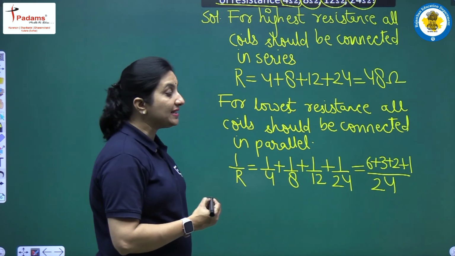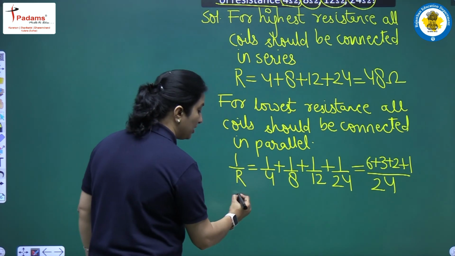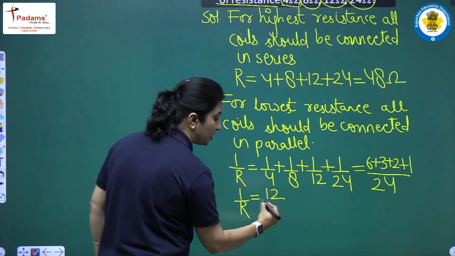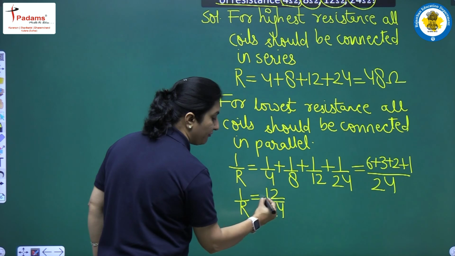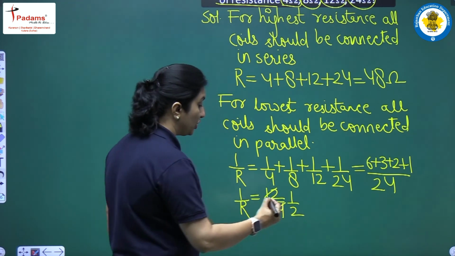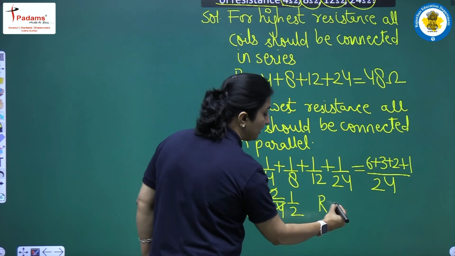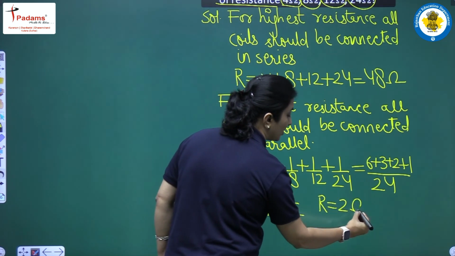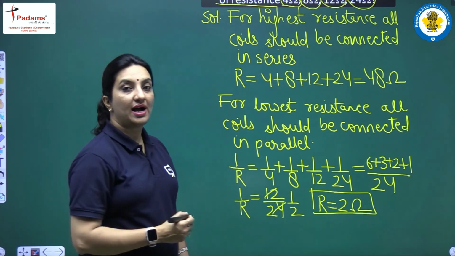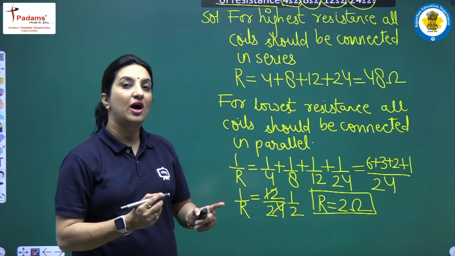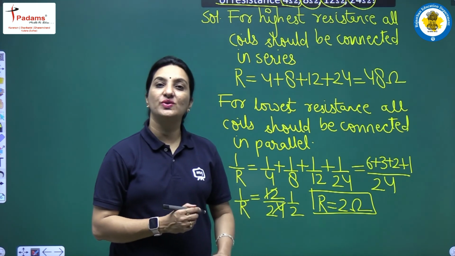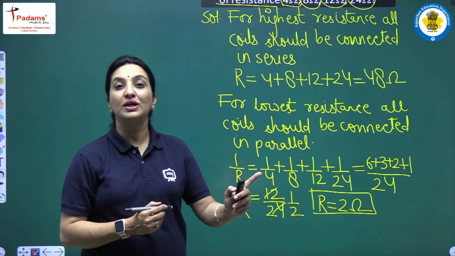So what I will get is, we will get a 12 upon 24. So 1 upon R will be 12 upon 24, which can further be solved as 1 upon 2. So the equivalent resistance will be 2 ohms. So 48 ohms will be the highest resistance which we can take out of the 4 coils, and 2 ohms is the lowest resistance which we can take by these 4 coils.